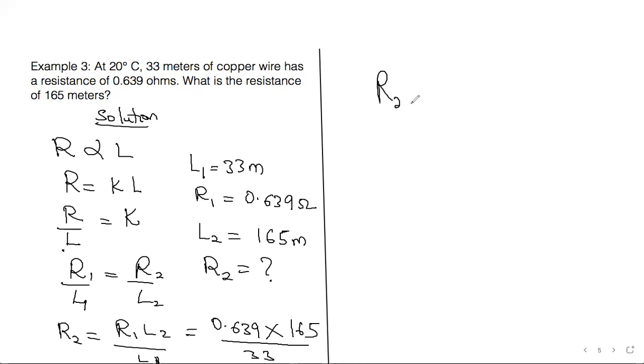So 0.639 multiplied by 165 divided by 33. Ultimately, 3.195 ohms. So you can see that because we have a longer wire now, we have a higher resistance value. The longer the wire, the higher the resistance. Makes sense. So that's the resistance value.